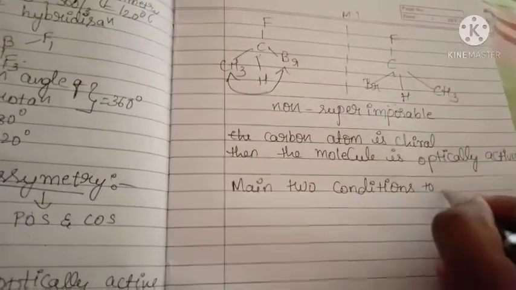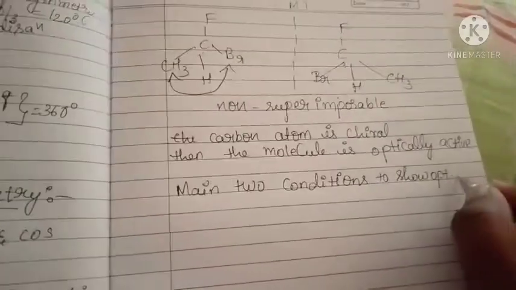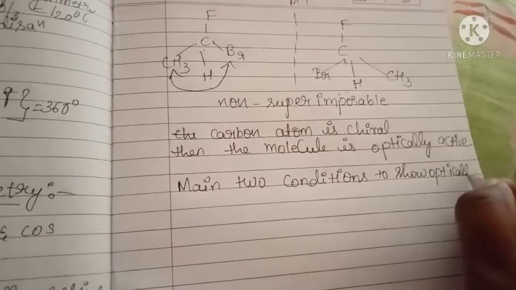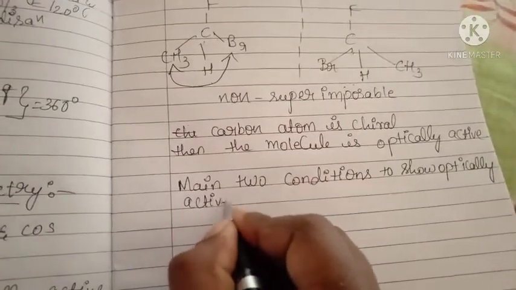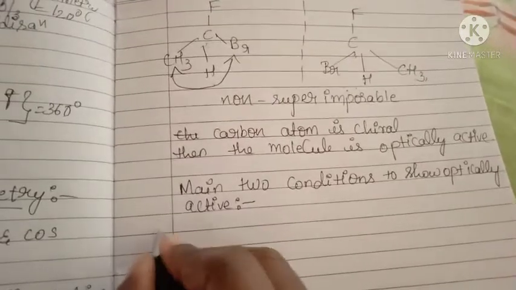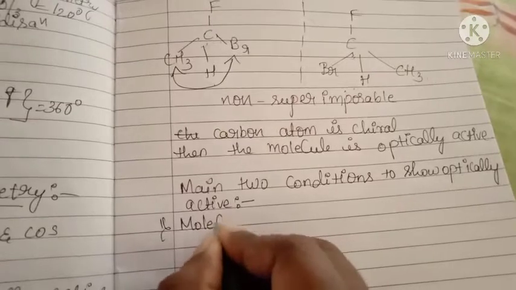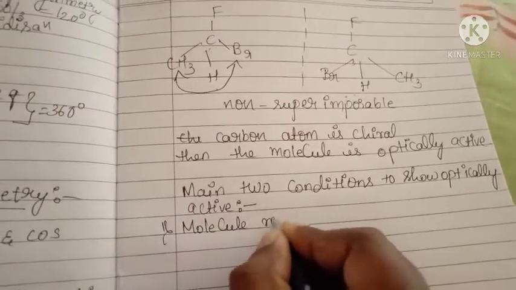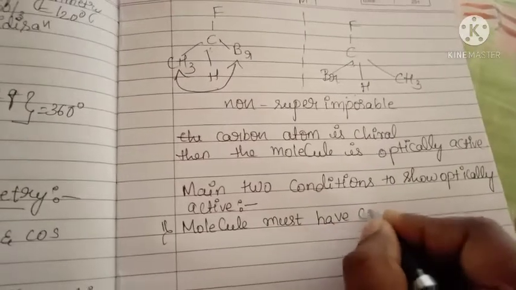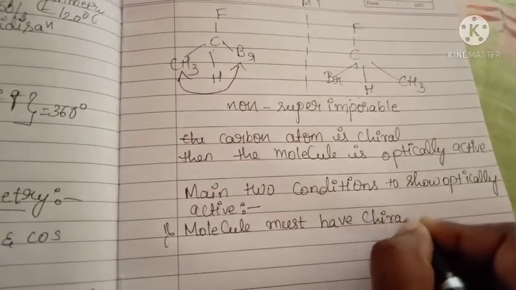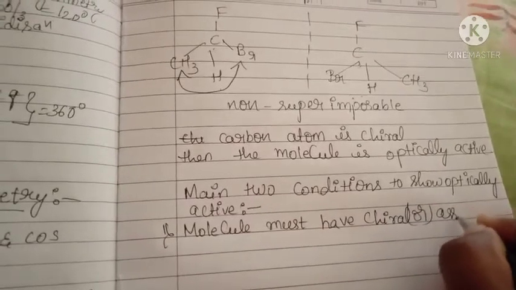First, the molecule must have a chiral or asymmetric carbon.